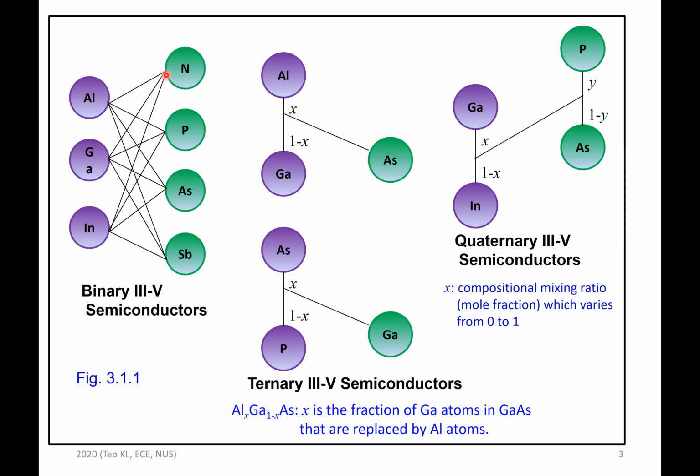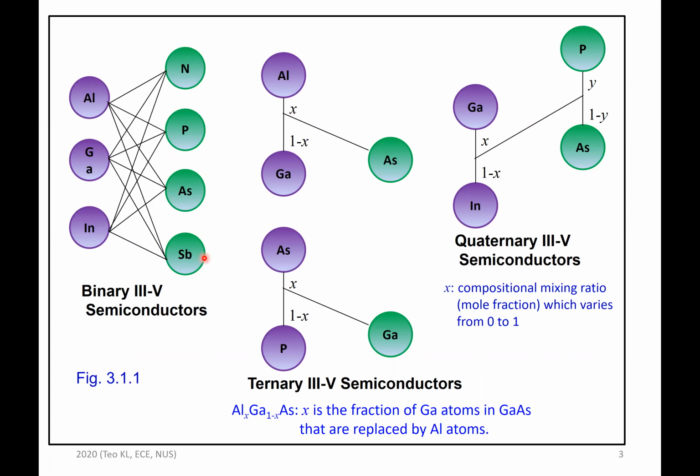So you can have aluminum nitride, aluminum phosphide, aluminum arsenide, aluminum antimonide, gallium nitride, gallium phosphide, gallium arsenide, gallium antimonide, or indium nitride, indium phosphide, indium arsenide, indium antimonide.